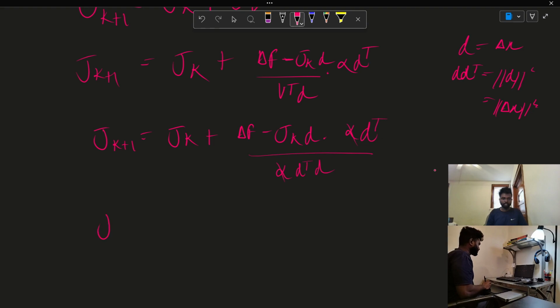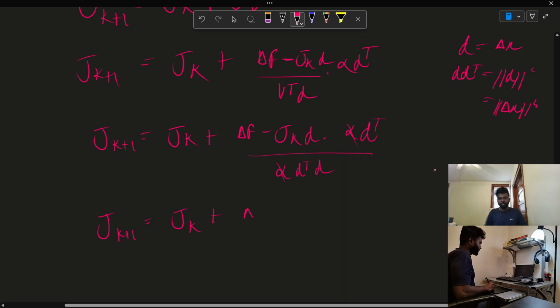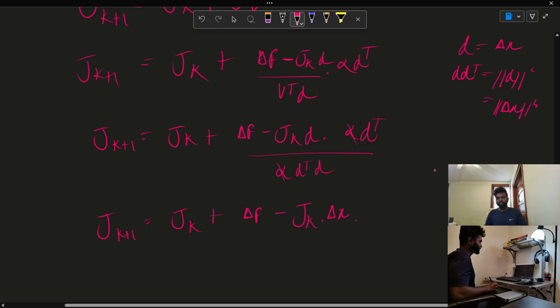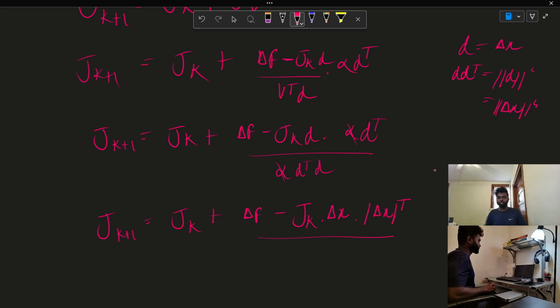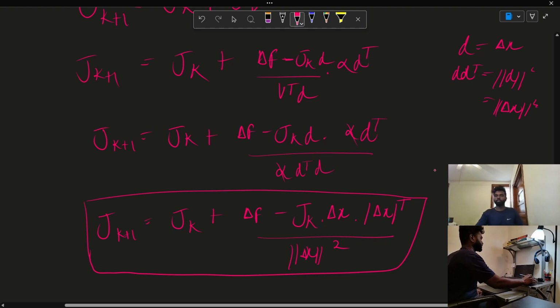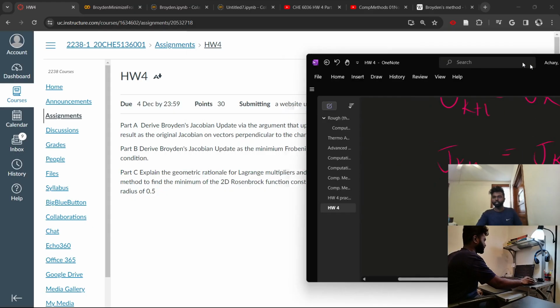So you can rewrite this as J_{k+1} is equal to J_k plus delta f minus J_k delta x, times delta x transpose, divided by the modulus of delta x squared. This is the value we got. Let's compare it to Broyden's equation from Wikipedia to see whether I got the right answer.